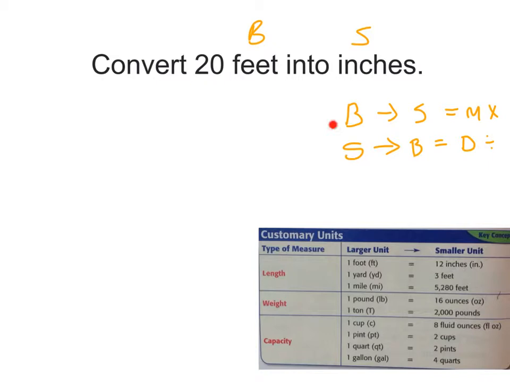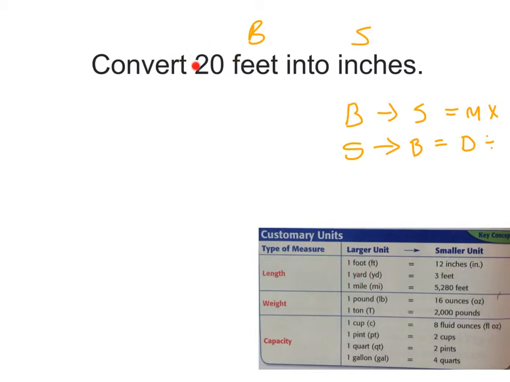Now I remember when I go from big to small, I'm going to multiply. So now I'm going to figure out what I multiply, and that's where I'm going to use this chart right here. I am going from feet to inches. So what I need to know is how many inches are in 1 foot. So here it tells me 1 foot is 12 inches.